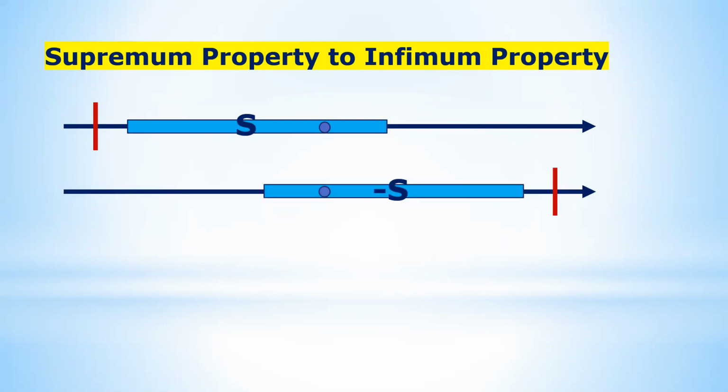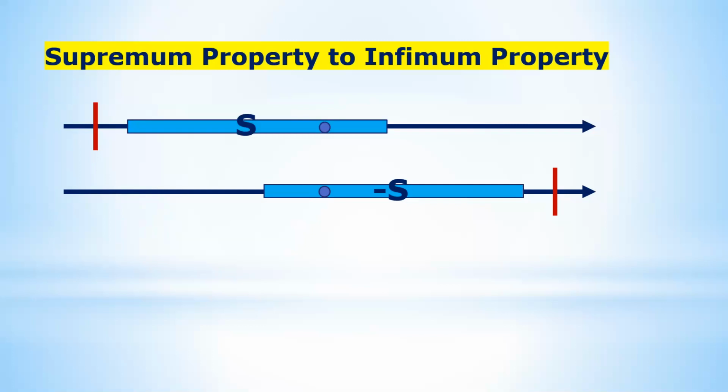It's called minus S. That means you put a minus sign on every number in S. So the new set is called minus S, and you can see that it's a reflection through the origin. The red bar will be reflected to the right side of minus S. So this process simply tells you that now minus S has an upper bound.